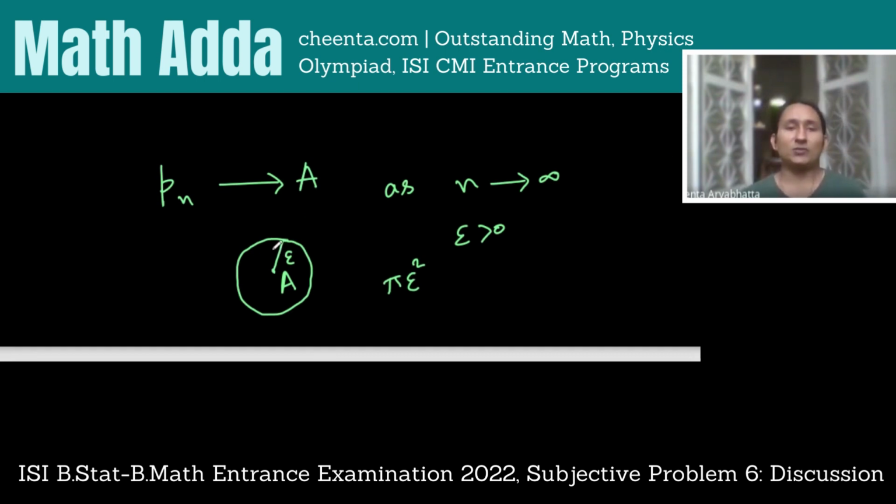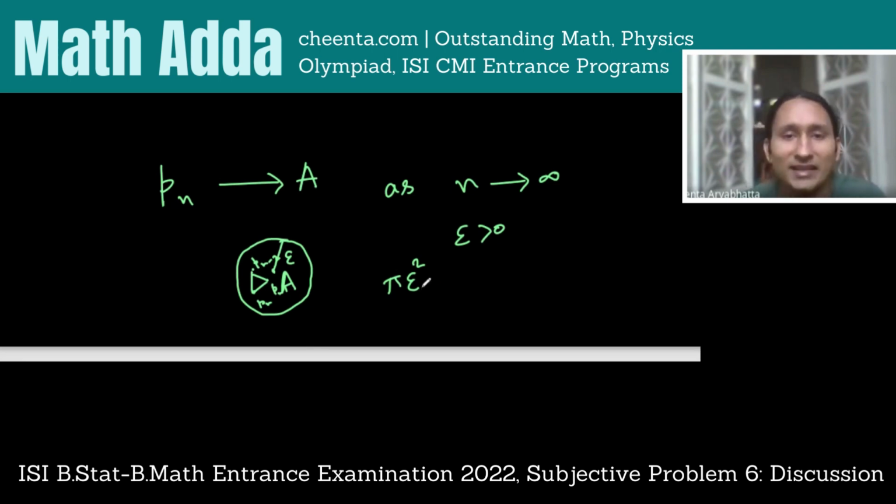If Pn tends to A, then eventually, after a certain point in the sequence, all the terms are inside that ball, no matter how small epsilon is. If you fix a ball about A, eventually all the points are going to be inside that ball. That means eventually all such areas, meaning Pn, Pn minus 1 and Pn minus 2, are going to be at most pi epsilon square.